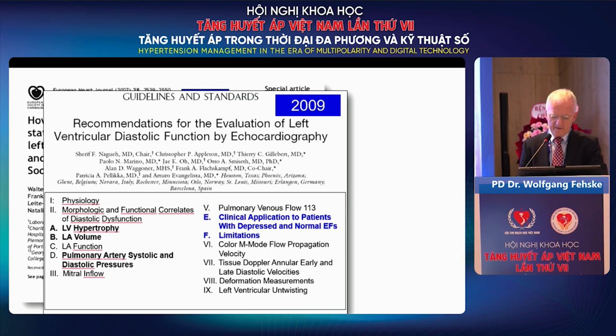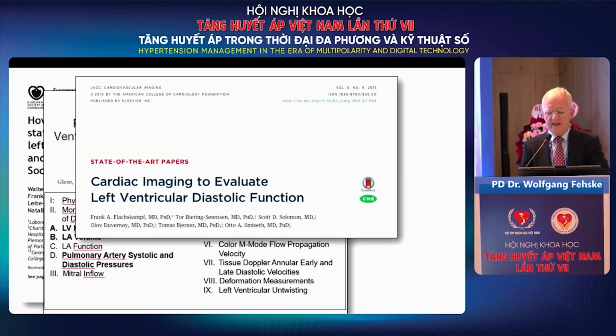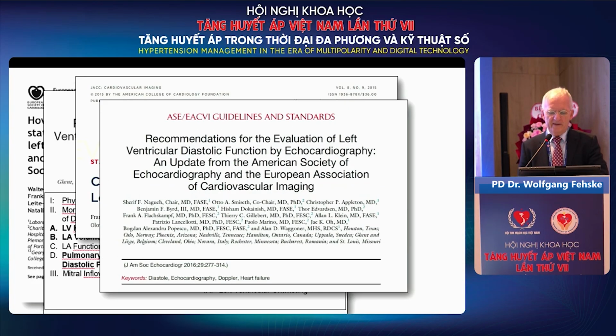And then this was Nagy, who is one of the leaders in diastology still today, and the other leader is Oh, and we have Frank Flachskamp, who has done a lot of Doppler echocardiography before. Okay, but this was in 2009, and then Frank Flachskamp published this wonderful paper on how to image diastolic function by echocardiography.